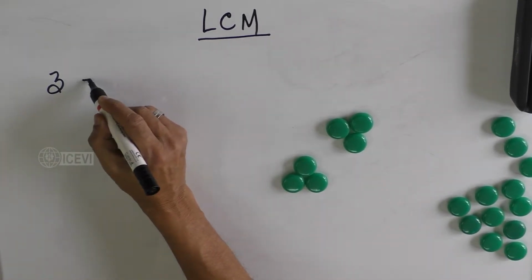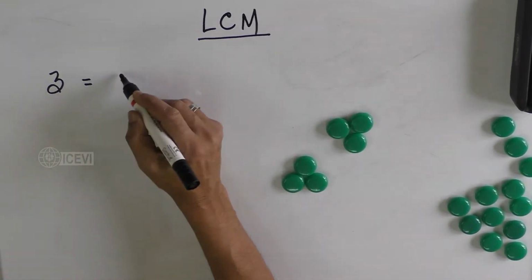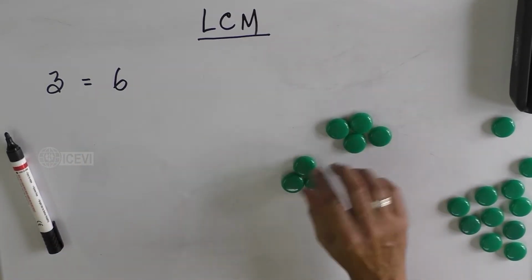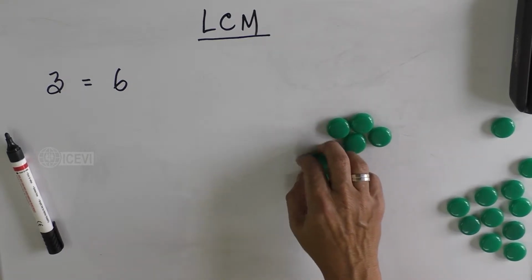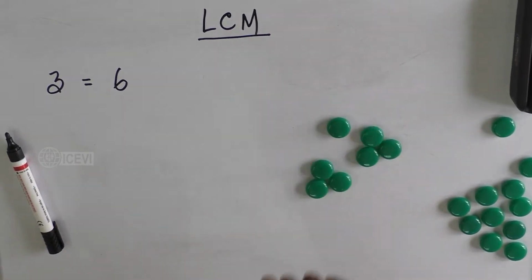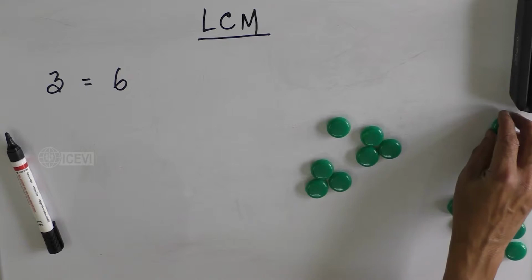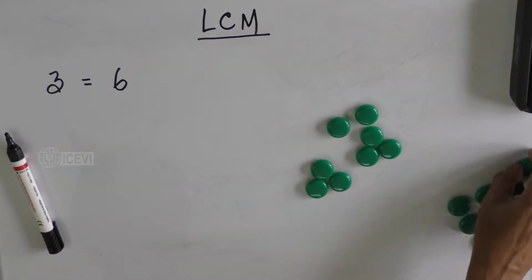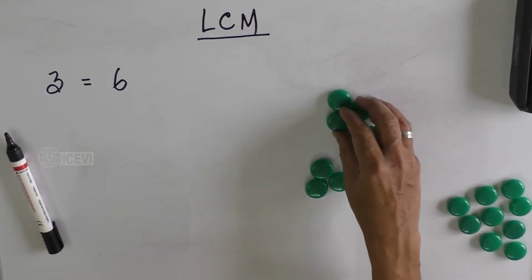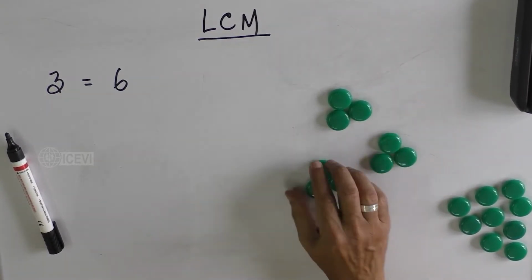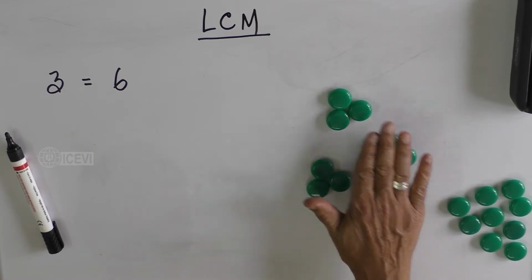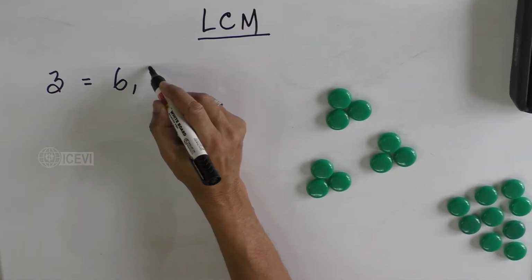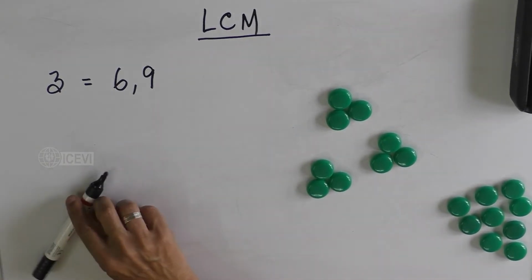So that means the first multiple of 3 is 6. What about 7? When you take 3 at a time, you have 1 as a remainder. So 7 is not a multiple. Similarly, 8 is also not a multiple. Now 9 becomes a multiple because you can group the 9 into 3 3s. So that means the next multiple of 3 is 9.